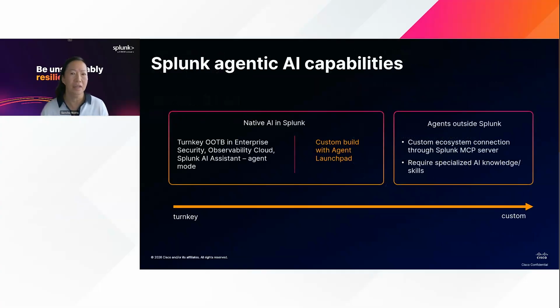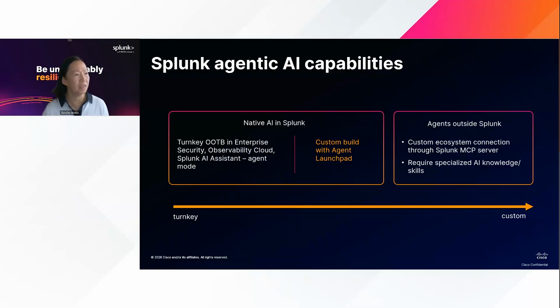And we appreciate and understand the value and benefits that agentic AI can bring, and we're also embedding all of the agentic capabilities into our portfolio across Splunk. So I wanted to give you a picture of where things fit in terms of having those agentic capabilities in Splunk.